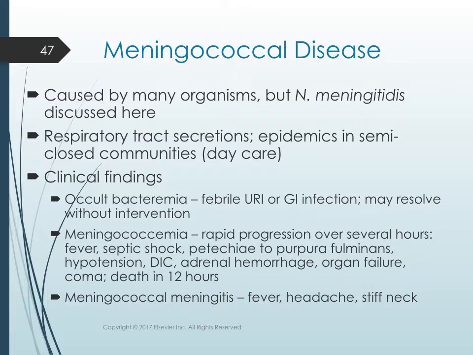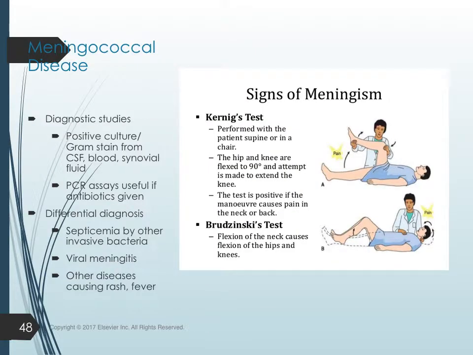Even if you don't have a stiff neck, if you have a patient that complains of those 3 things, you should definitely be examining them closely, including neurologic tests and performing the meningism testing, which I have a picture of here, known as the Kernig's test or the Brudzinski's test.